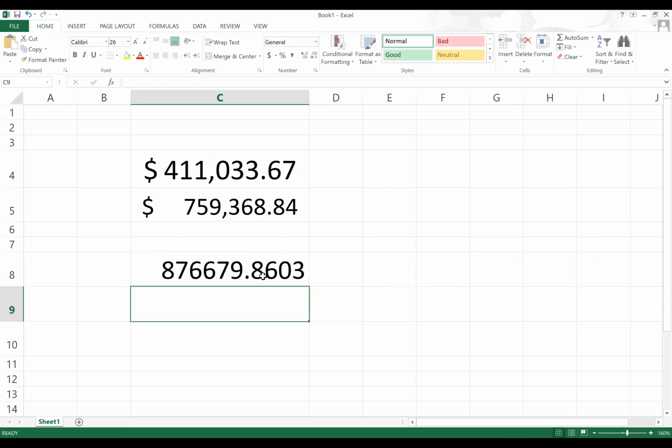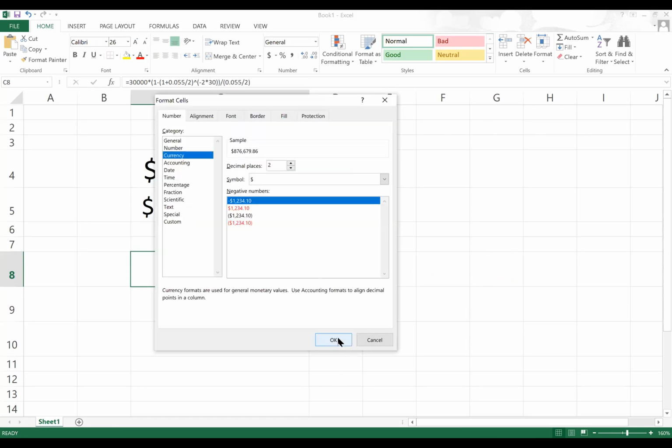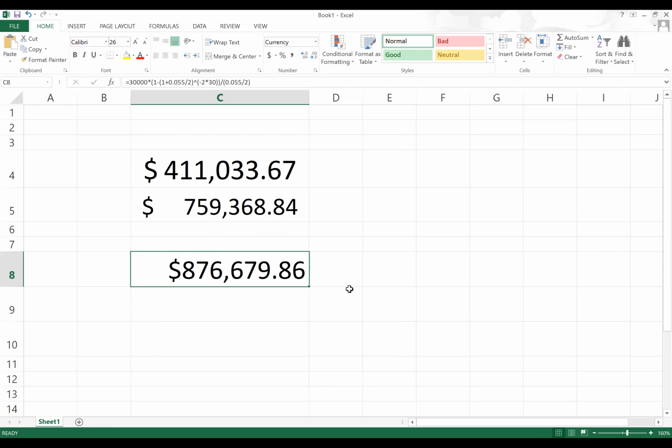Okay, so it turned out that in order to guarantee this result, you need to have $876,679 and change, right? 86 cents, in order to fund this kind of a cash flow. So if, let's say, you are wealthy and you have a lot of funds, you'll be able to provide something like this for your relatives or close family members.